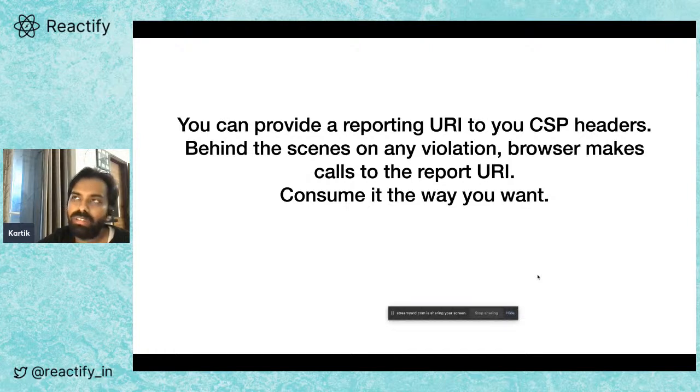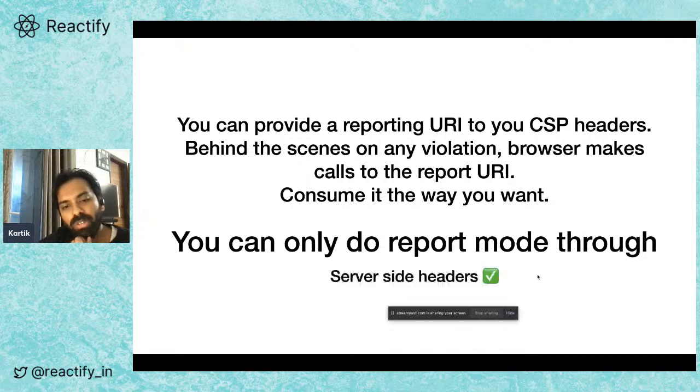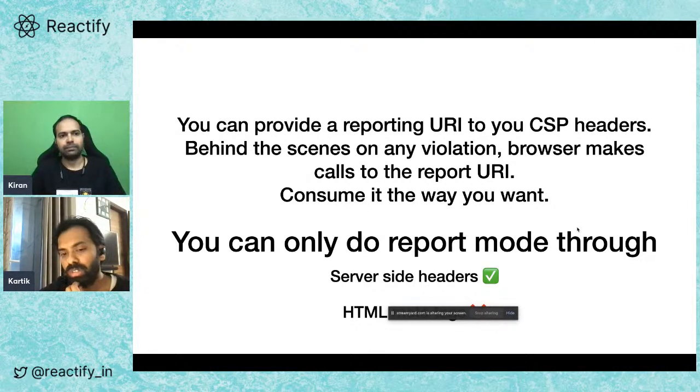The browser, at the back, is going to send POST requests to that URL which you have mentioned, and you're going to get the errors reported to that URL. You can do reporting mode through server-side headers, but there's a problem: HTML meta tags cannot have the report mode URL. It cannot even have the report mode.